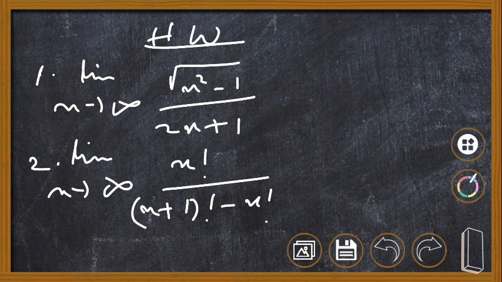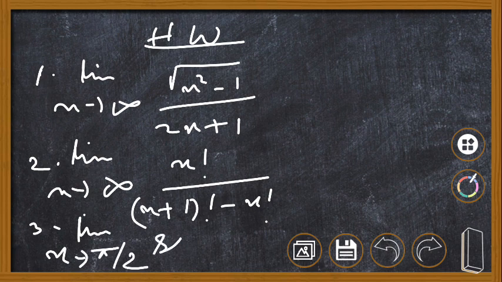Now number 3 is limit x tends to pi by 2 sec x minus tan x. So these 3 questions are your homework.